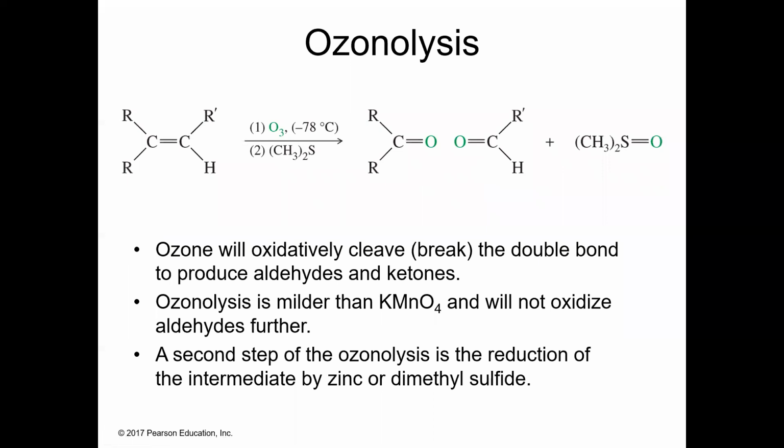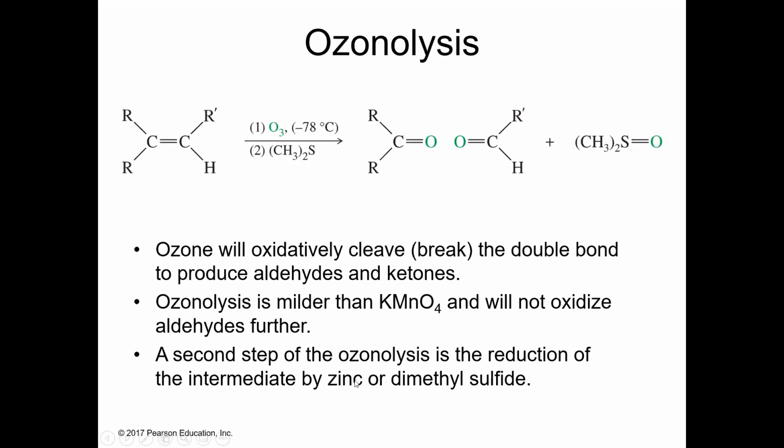All right, ozonolysis again splits an alkene. But if we use a reductive second step, either zinc or dimethyl sulfide, then we can isolate the aldehyde. The aldehyde is not further oxidized to the carboxylic acid. So the double bond is split. One oxygen goes here, one goes here, one goes with the sulfur.